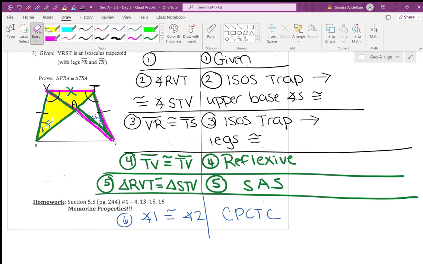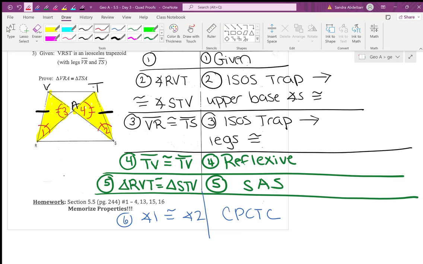So this changes everything for us now. Look at what we have. We had that the legs were congruent. We have now angle 1 congruent to angle 2. Can I now do the vertical angles for 3 and 4? Yeah, and what does that make it? Angle, angle, side. Are we now allowed to use angle, angle, side?